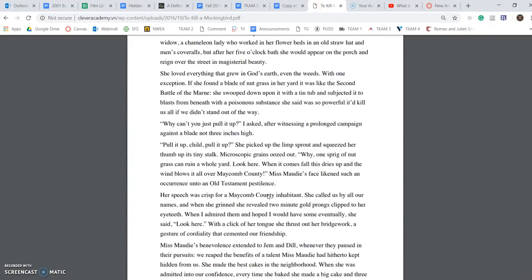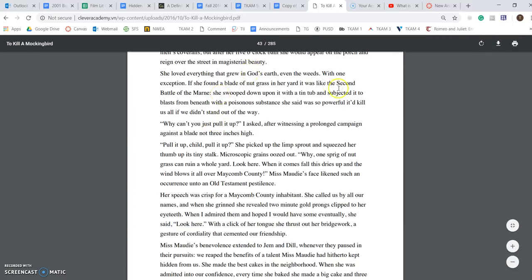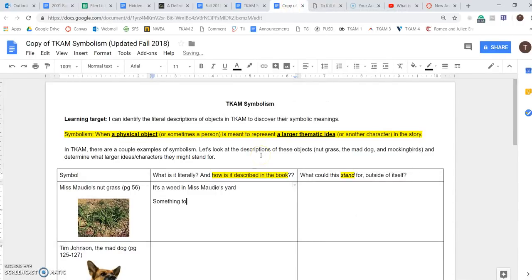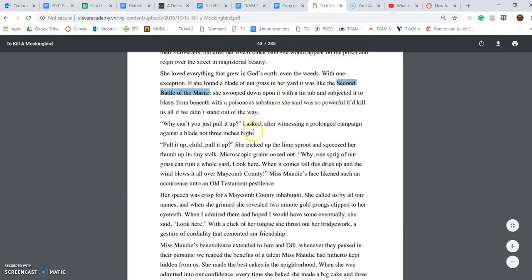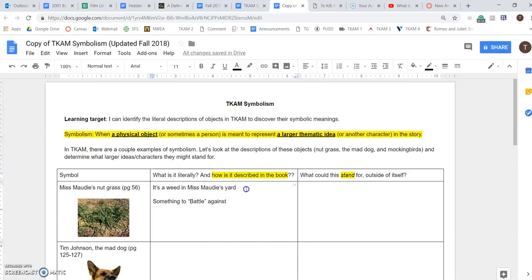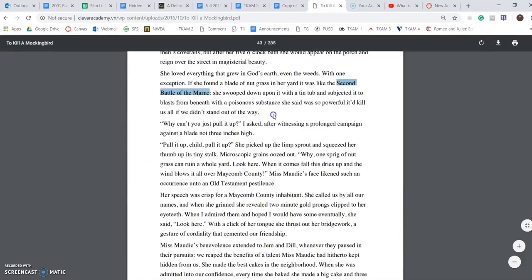So if we look, it's something to battle against, right? Second Battle of the Marne. And Miss Maudie subjects it to a poisonous substance, so she tries to kill it. Right?